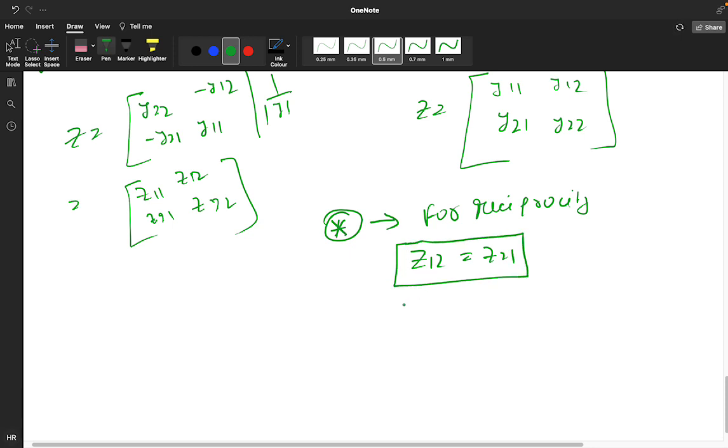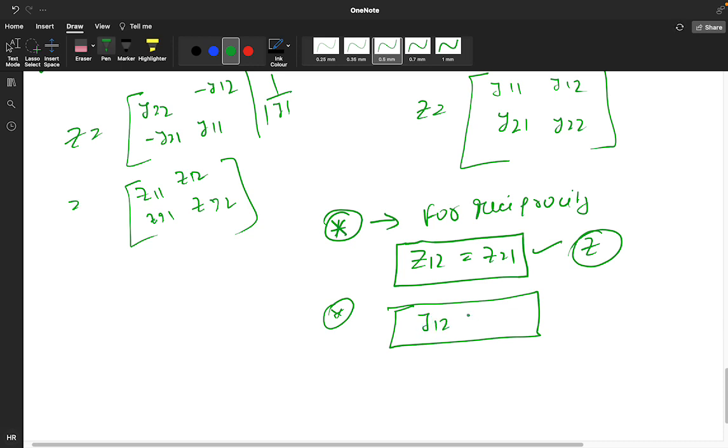This is applicable for the Z matrix. And if you want to see it for the admittance matrix, the same result will come: Y12 is equal to Y21, and this is applicable for the Y matrix. This is the condition for reciprocity.